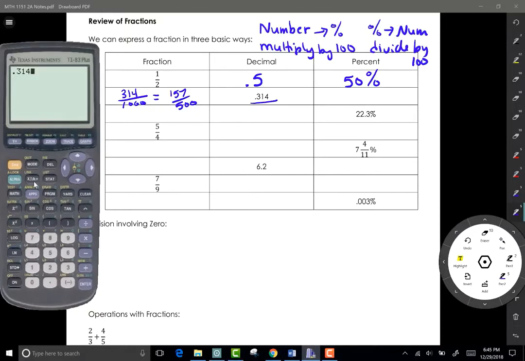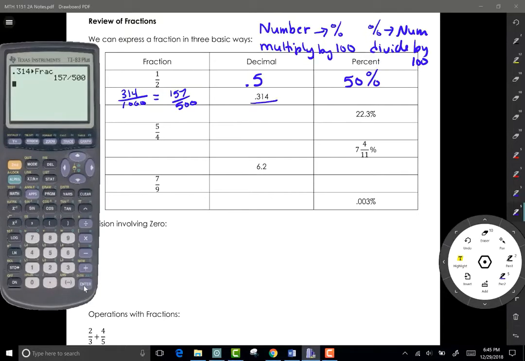So to change 0.314 into a fraction, I'm going to hit the math button right here. And then the very first option, number 1, says fraction. So I'm going to hit enter. This is telling me I'm going to take 0.314 and change it to a fraction. I'm going to hit enter, and it's going to tell me 157 over 500.